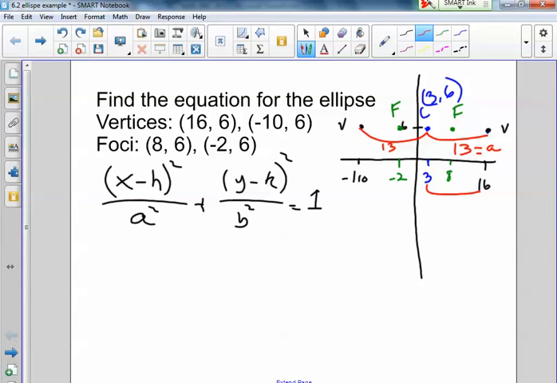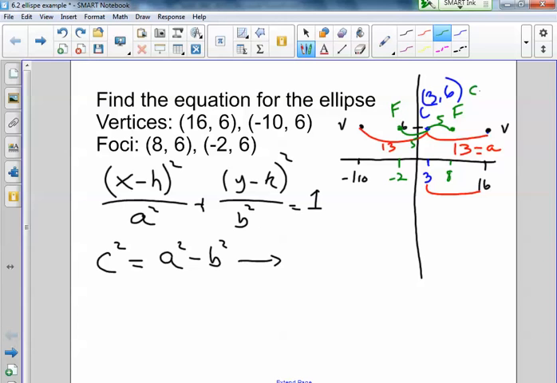So I'm going to have to use that relationship we had before, that c squared equals a squared minus b squared. We know what c is. c went from the center to the focus, and that was 5.